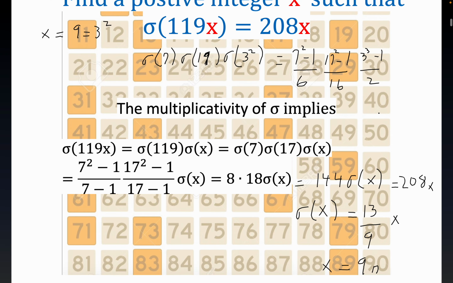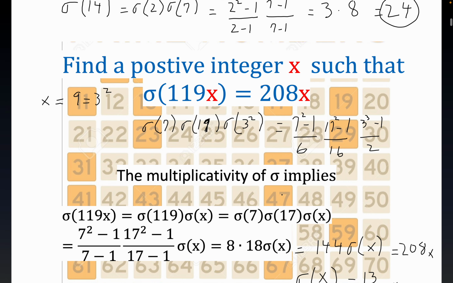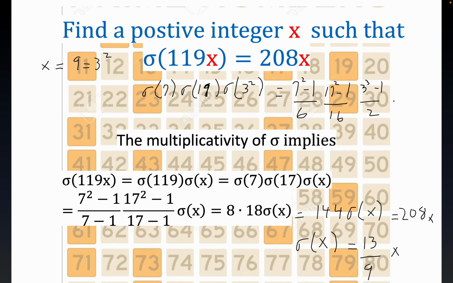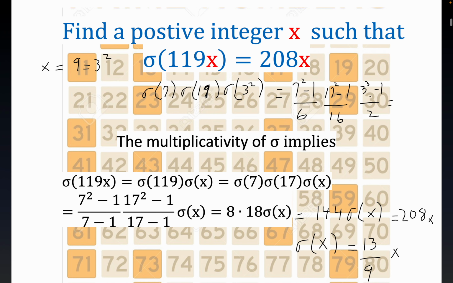Okay, now let's see. We've got some of that work done already. That's 8 times 18, right? We've already done that, so that's 8 times 18. So this would be equal to 8. That's what this is, right? 8, times 18.